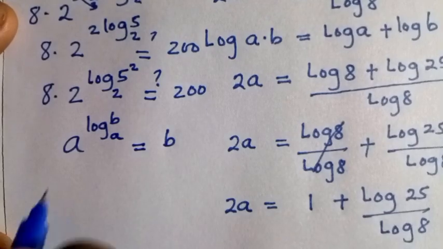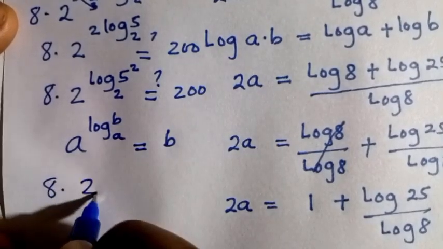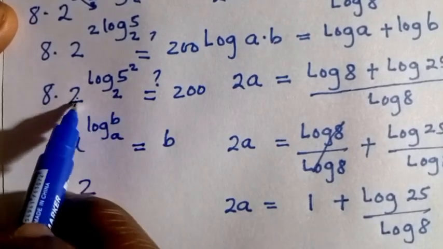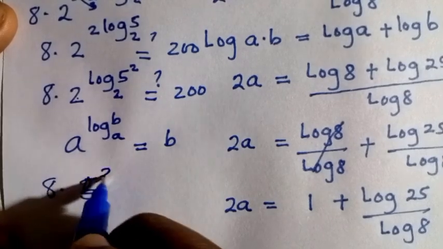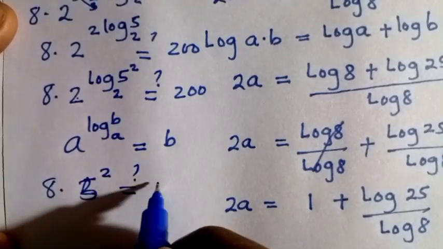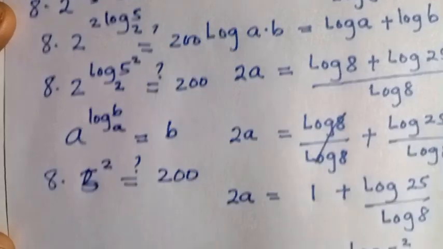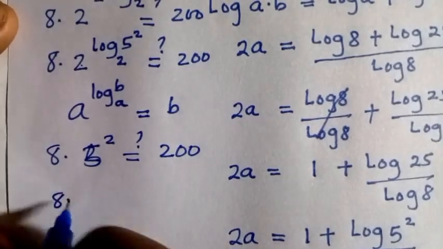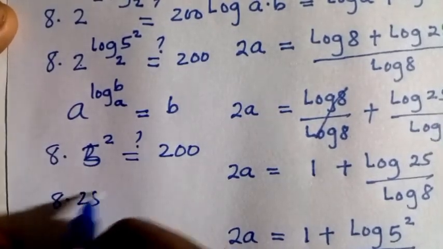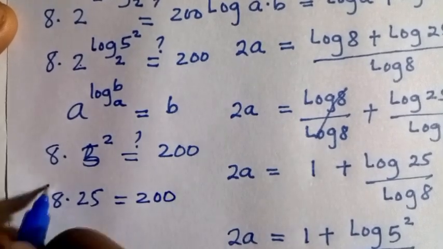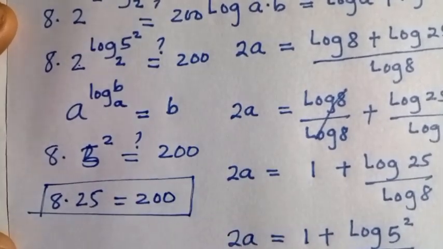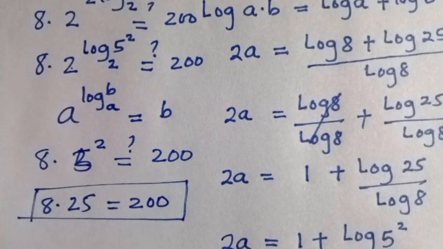Then from here, we have 8 multiplied by 2 raised to power log, and since we have a common base here, we take 5 to the power of 2. Then from here, we have 8 multiplied by 5 to the power 2, that is 25. And 8 multiplied by 25 equals 200. That is, the left hand side equals the right hand side, as the solution we get satisfies this.